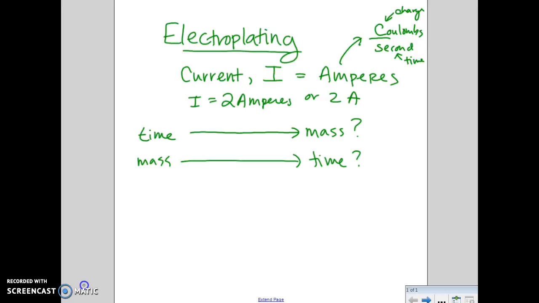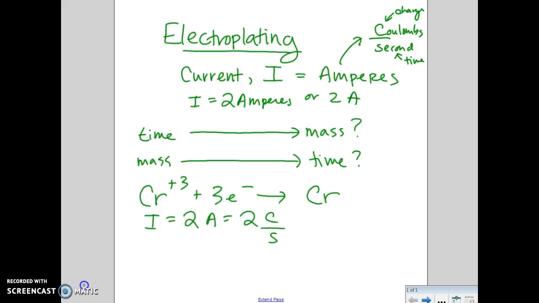Let's say I'm dealing with this particular reaction. Chromium ion is going to gain 3 electrons and turn to chromium metal. And let's say that my current is 2 amperes, which we know is 2 coulombs per second.